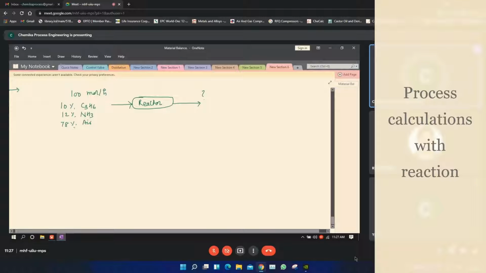What we will do is take the ratio of Ni by nu i to find the limiting reactant.